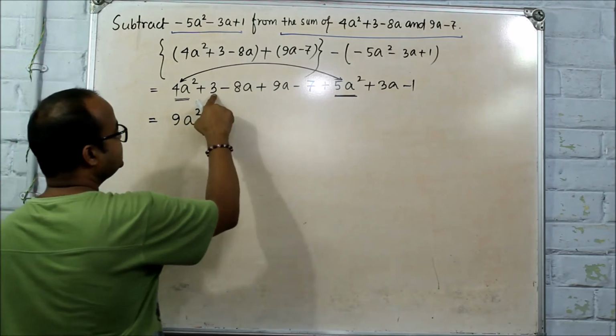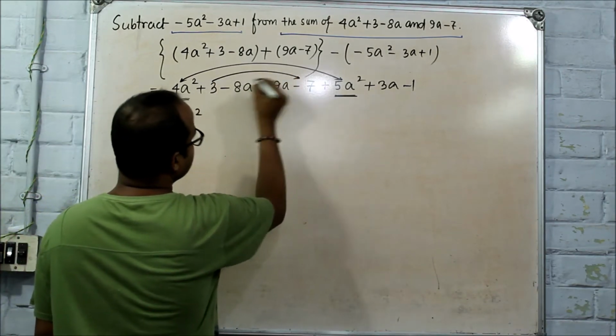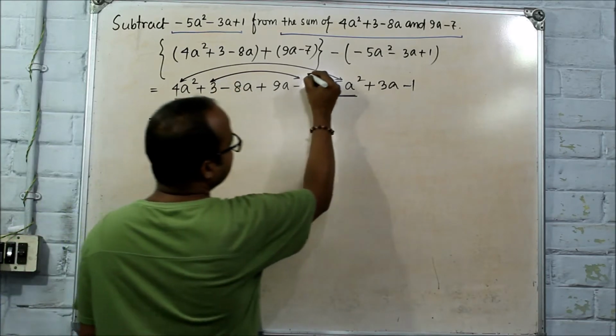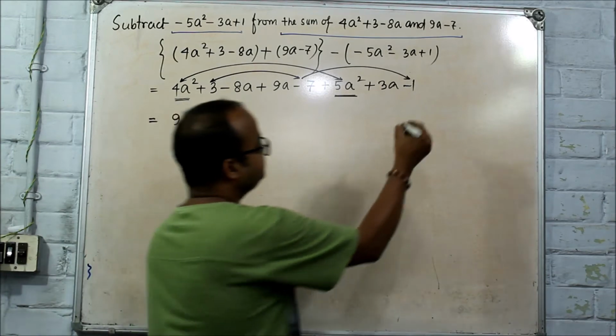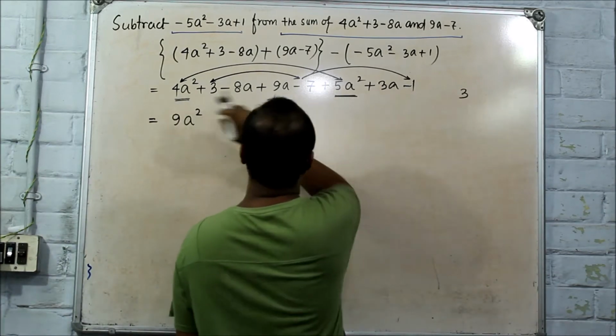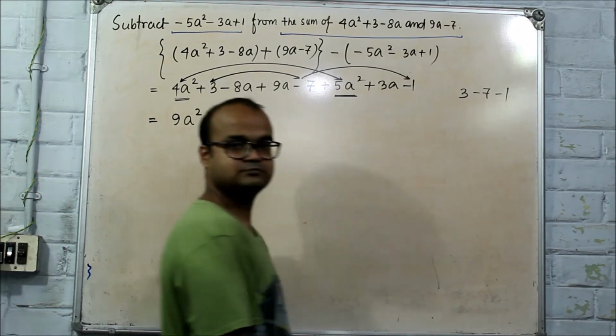Now the constants: plus 3, minus 7 and minus 1. There are three terms, so 3 minus 7 minus 1.